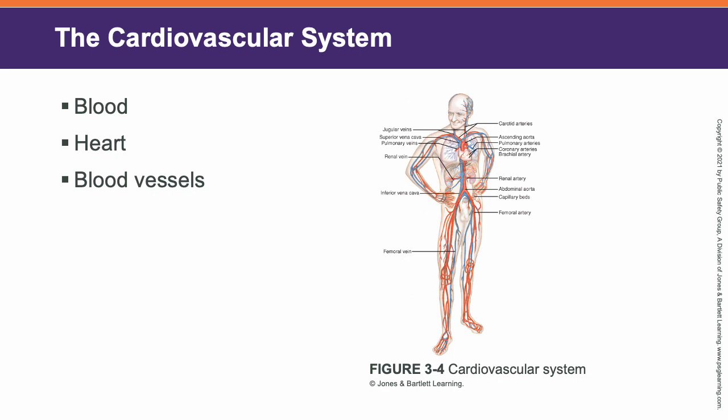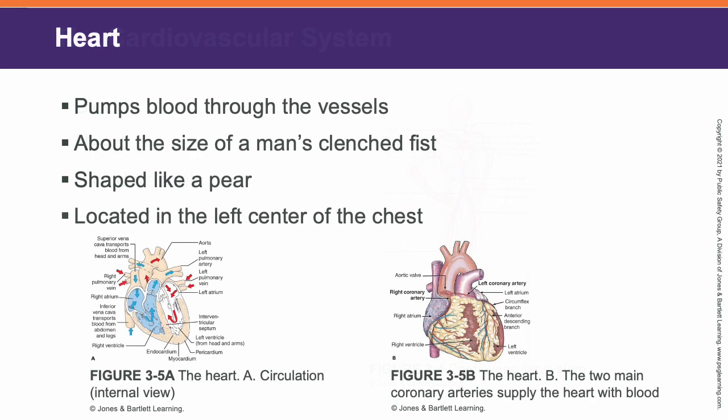Okay, when talking about the cardiovascular system, it is made up of three groups of structures. You have your blood, you have your heart, and then you have your blood vessels. Just a quick illustration here of the cardiovascular system. The most important structure in your cardiovascular system is the heart. Your heart is the main driving force for this system and what allows it to work.